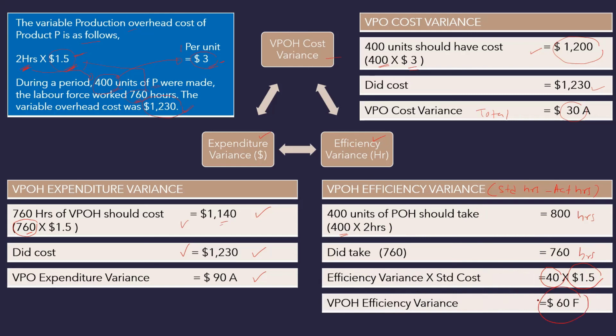So 90 adverse plus 60 favorable, expenditure and efficiency, you arrive at the total variance of $30 adverse. This is how you calculate variable production overhead cost variance. Now let's move on to the fixed production overhead cost variance.